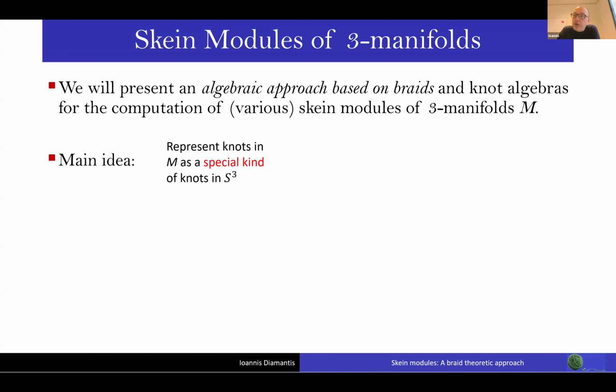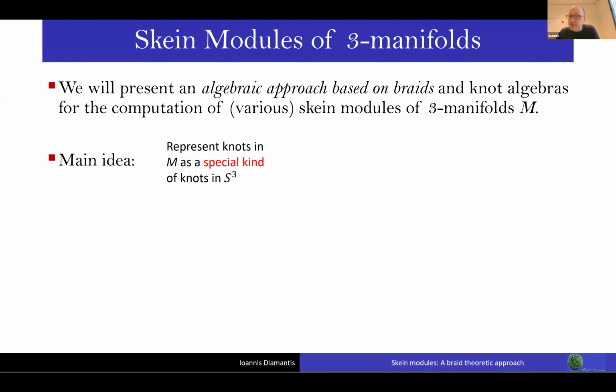We do that using what I will call later on mixed links. You can do this for any three manifold. I will be using Kirby-like diagrams for this. Mixed links are like Kirby-like diagrams where you also have the knot that lives in the three manifold, and you also have a description of that three manifold via a specific link and its surgery.